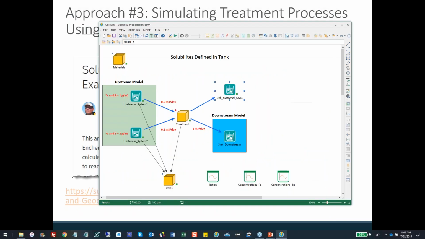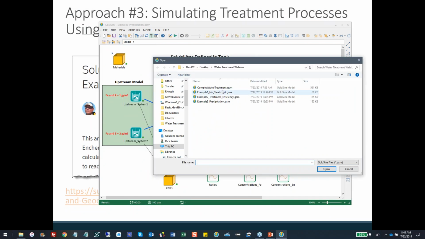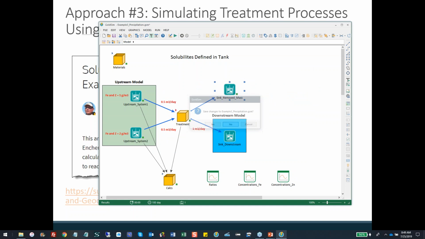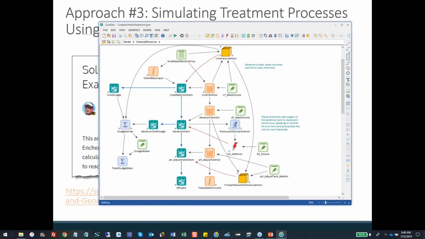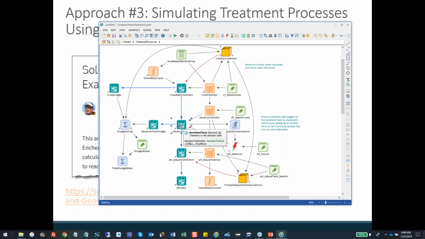If we go back to this model, this is the model right from the model library. So what he's done here is he's got a series of tanks, right? They're carrying out various processes, aeration and adding lime and pH adjustment and so on. And in each one of these tanks, he's got a fluid. So this tank has a fluid called aeration tank water. All right.